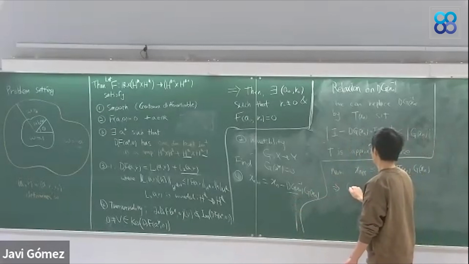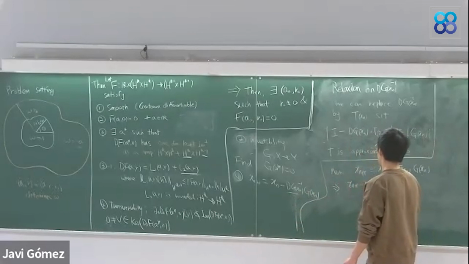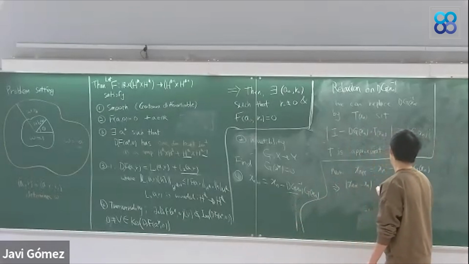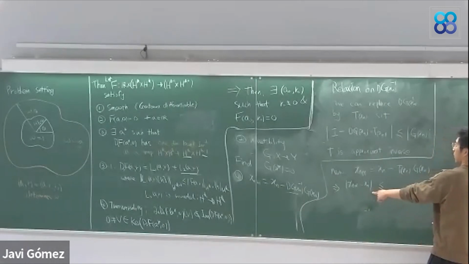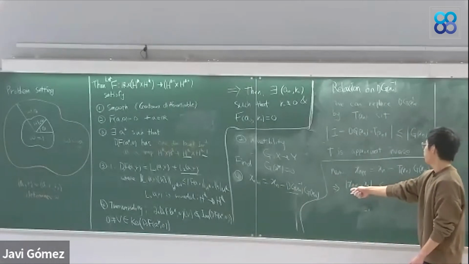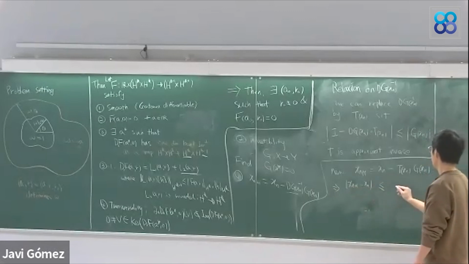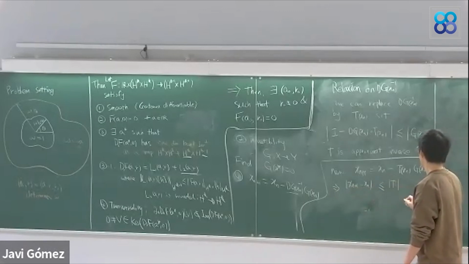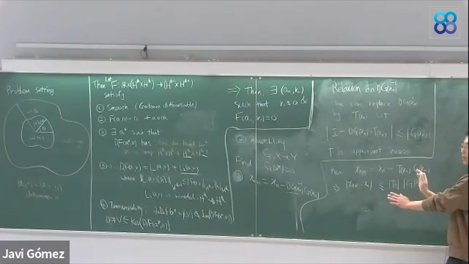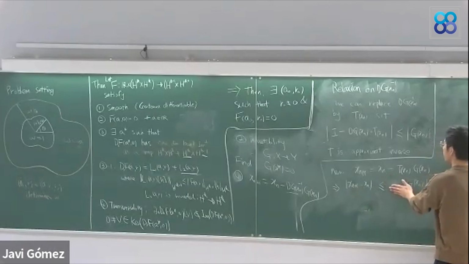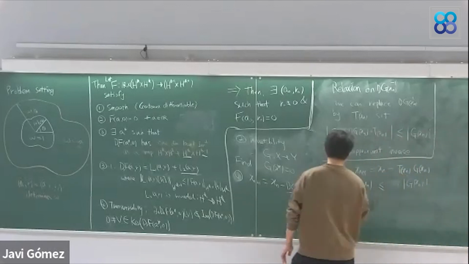We evaluate the size of x_{n+1} minus x_n. Now we don't care about the regularity, so I'm not using any Sobolev index here. So the difference can be bounded by the size of T(x_n) times the size of G(x_n). We assume that T is of size one.